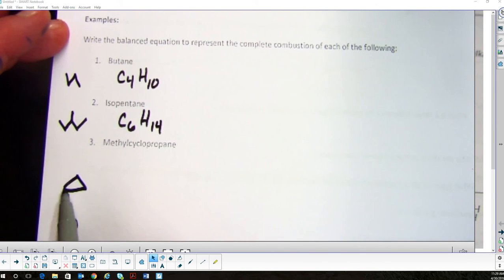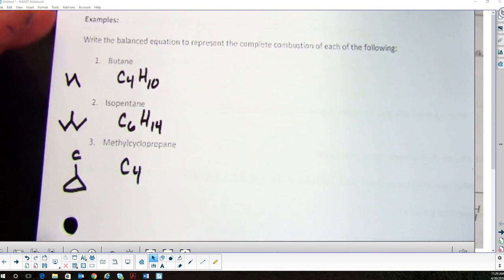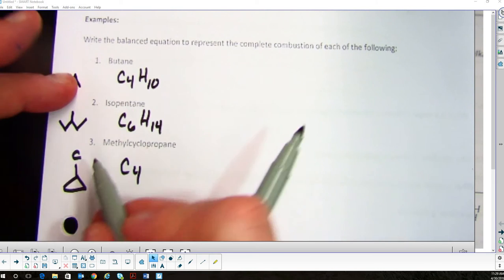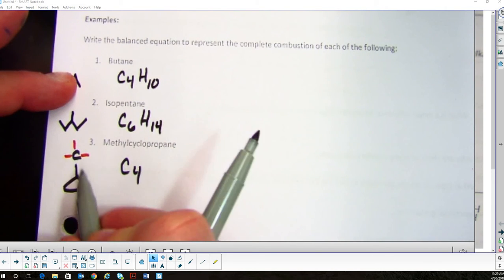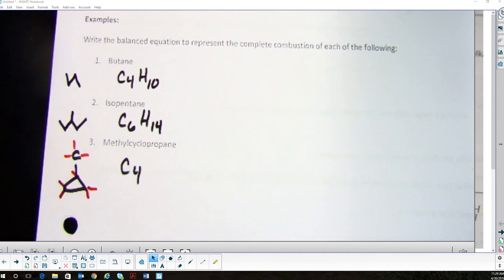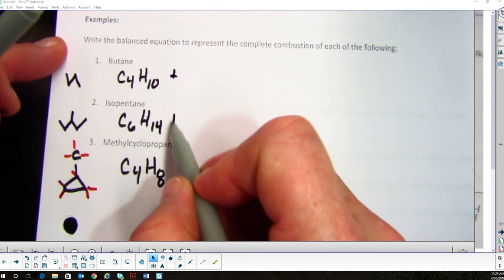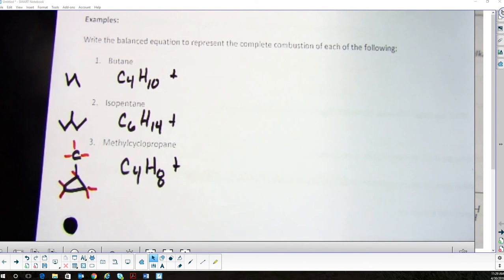Cyclopropane, we've got this with a methyl coming off. So we have 4 carbons. This one gets a little tricky, so I'm going to use my marker here. 1, 2, 3, 4, 5, 6, 7, 8. So I have 8 hydrogens. I want you to go ahead and set this up as a combustion reaction and balance it. I'm going to freeze this and I'm going to do it while you're trying.